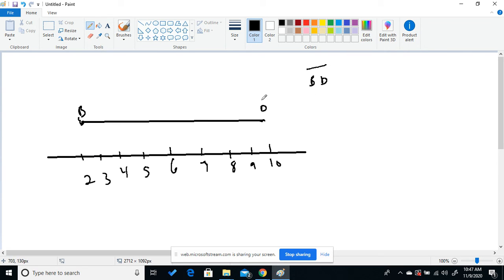So the two ways you can do is you can count 1, 2, 3, 4, 5, 6, 7, 8. Okay, or you can take 10 minus 2. Either way, you're going to get 8. So the distance of line segment BD equals 8.